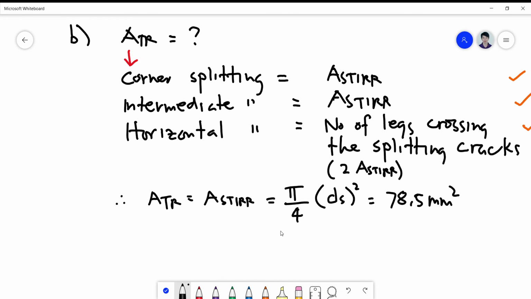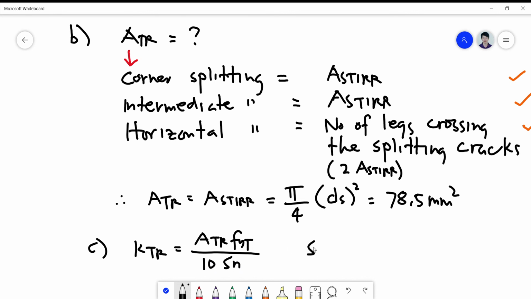Okay, and KTR, our last requirement, will simply be computed by, I want you to use this formula so that you will not be confused. In SI, this is in SI, so this is ATR FYT all over 10 SN.